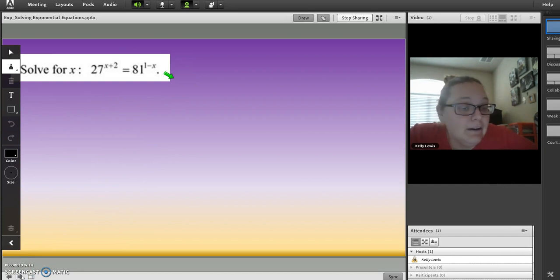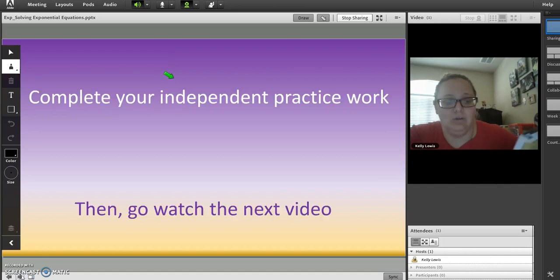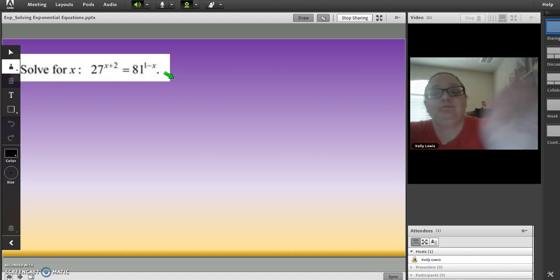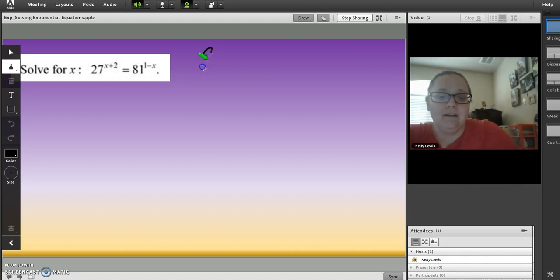Right here it's a little harder because we don't have a clue. If we did 27 squared, that's 729. It's not 81. And 81 squared is not 27. And we can't use fractions. So we need to think of a number, normally a tiny one, that will give us 27 and 81. For example, 2 to the third and 2 to the fourth.